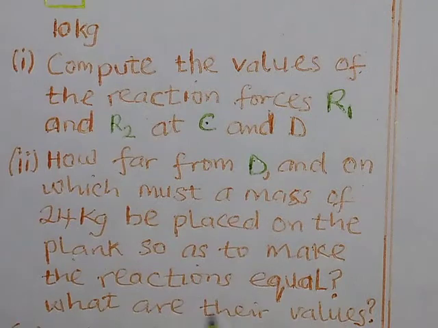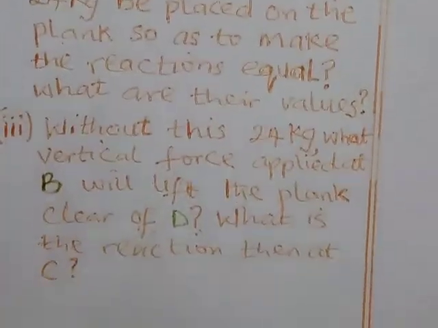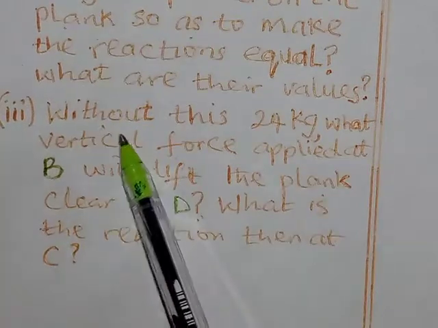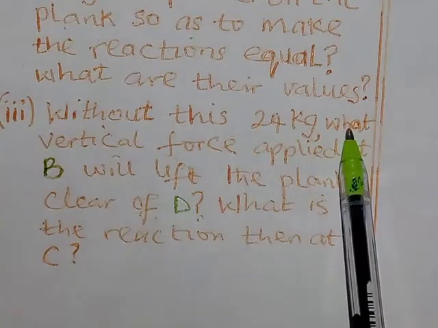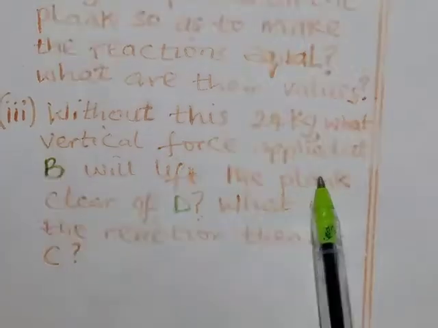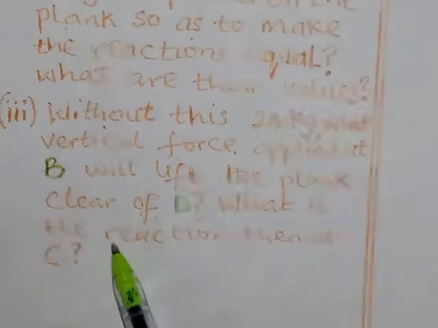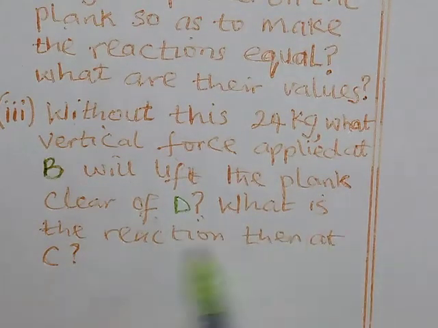Again, what are their values? Then the last part: without this 24 kilogram mass, what vertical force applied at B will lift the plank clearly off D? What is the reaction then at C?